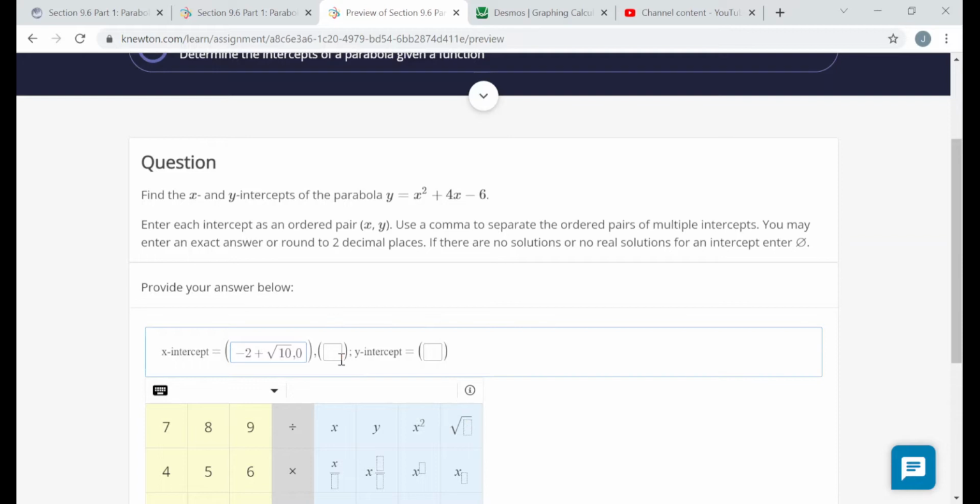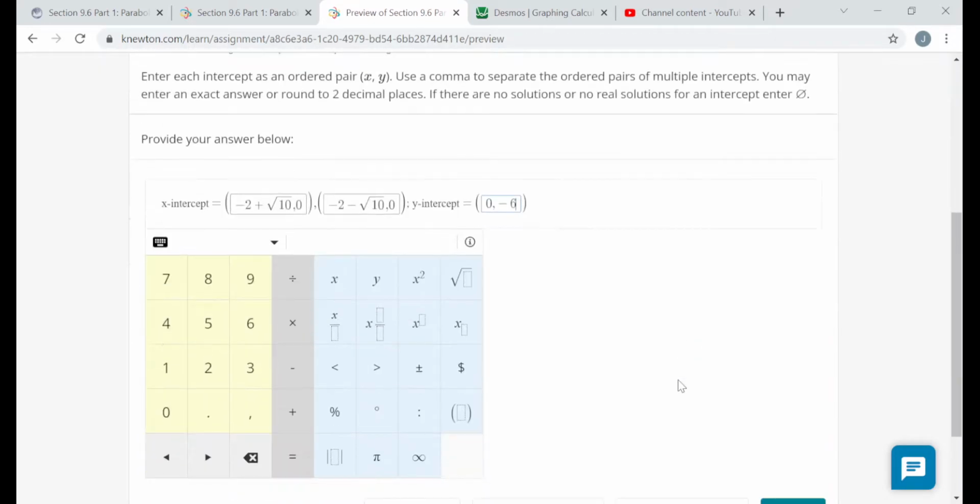The other is negative 2 minus the square root of 10, comma 0, and then the y-intercept is 0, comma negative 6. And those should be good.